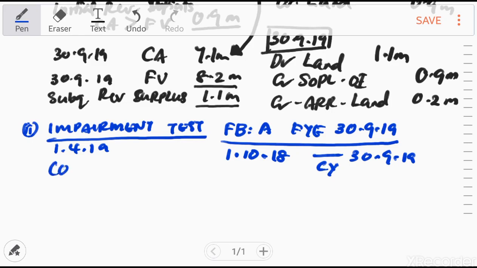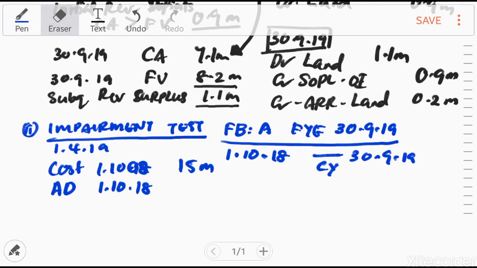So first find out what the cost is. The cost, of course, on the date of acquisition, was 15 million. And then you need to find out the accumulated depreciation as at 1st of October 2018. Okay, the date that the asset was acquired is on 1st of October 09 actually.